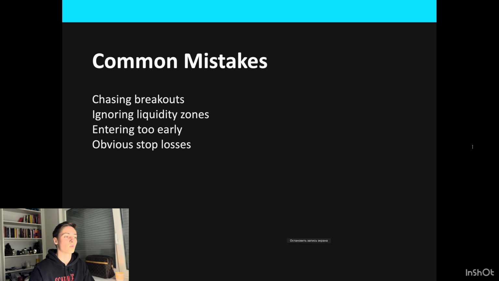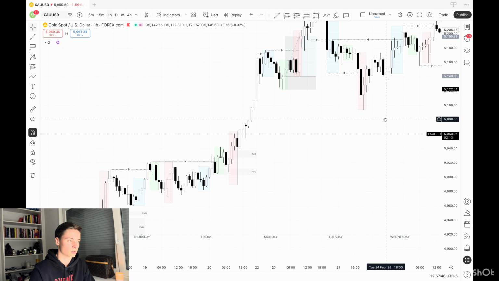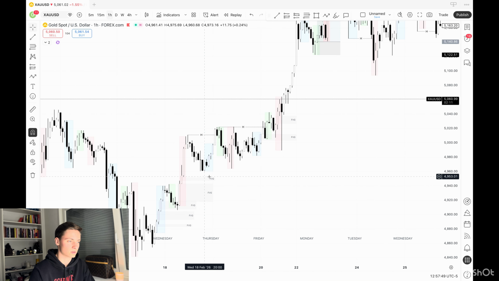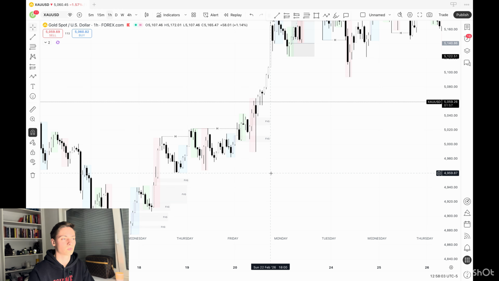Entering too early and obvious stop losses: if you have this trend line, and you see a lot of session lows, basic lows, previous day's lows, Asian low, New York low, Asian low, New York low, this is obvious drawn liquidity. If you enter here, I'm not saying that it is 100% accurate, nothing is 100% accurate in trading, but usually you will just get stopped out because your stop loss is a target for institutions and banks.